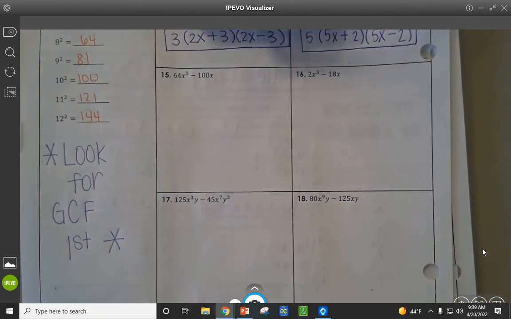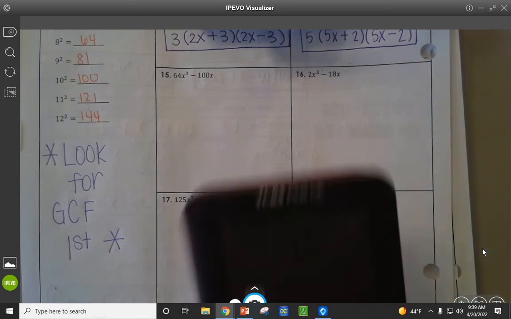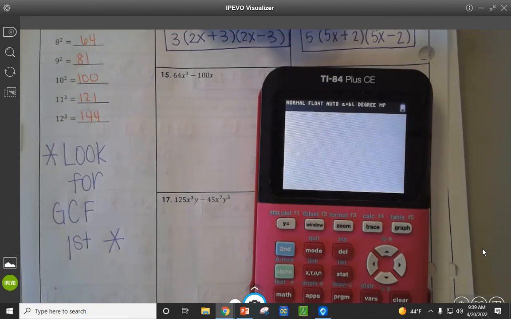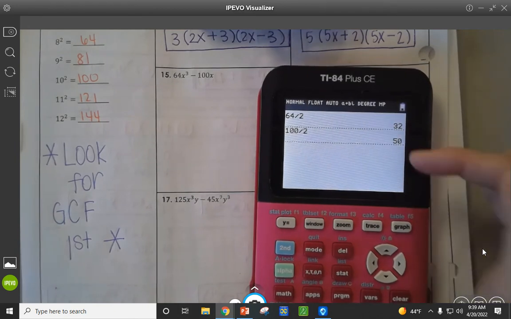15. I see perfect squares right off the bat. But we still need to check for a GCF, kind of like number 11. I messed you up. So is there anything that you can divide 64 and 100 by? You can divide by 2, right? 64 divided by 2 and 100 divided by 2.